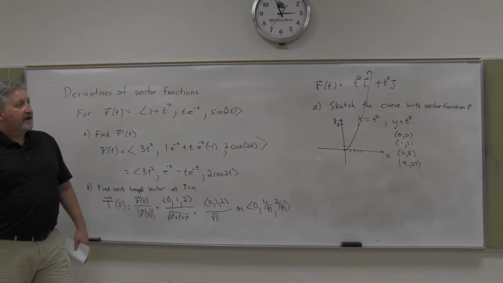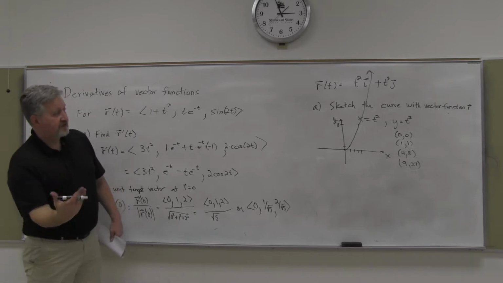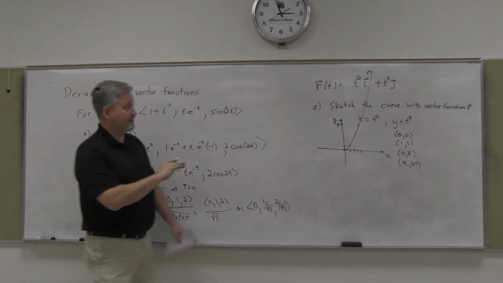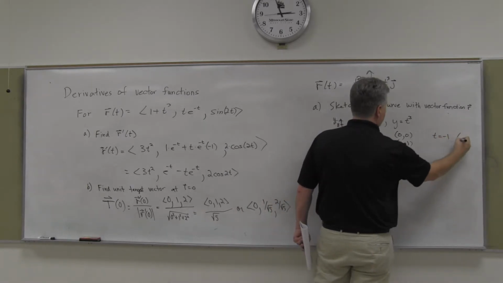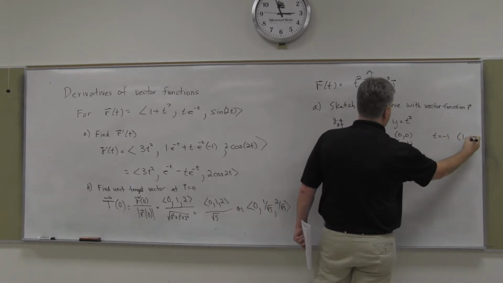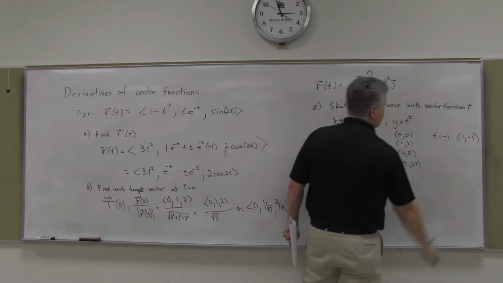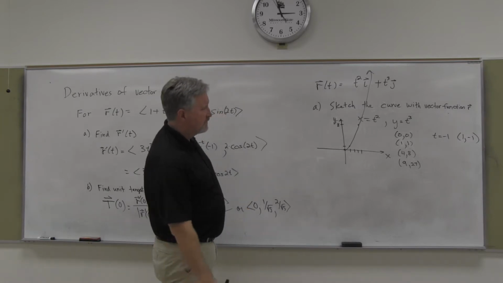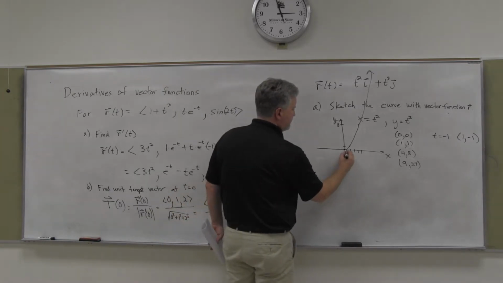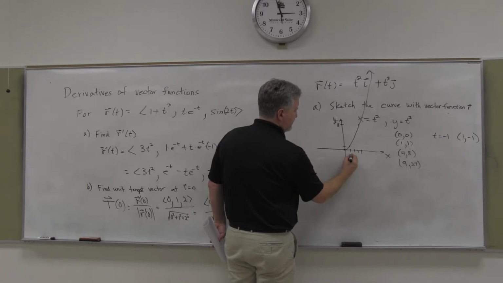Extend a little bit. And then notice there's another side to that, because if I went t equals negative 1, look at that one. What do you got there? Well, 1, negative 1, I guess you do that other side. So it would be 1 and negative 1.